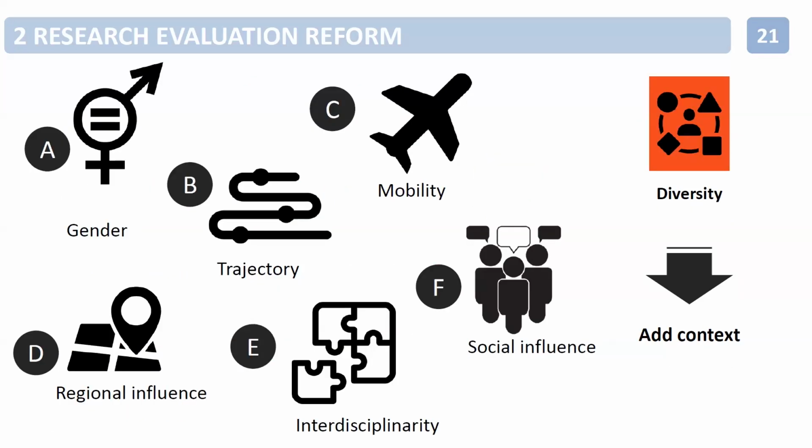Then, expanding the indicators to be used in the application, not only citation-based indicators, but metrics that can evidence the activity of the scholar or the contribution being evaluated. For example, analyzing the social influence that I showed a few slides before, the regional influence of the publication, gender perspective.